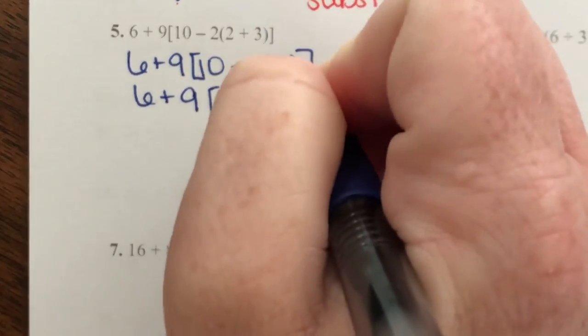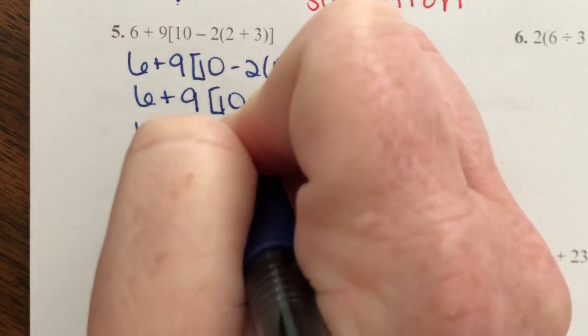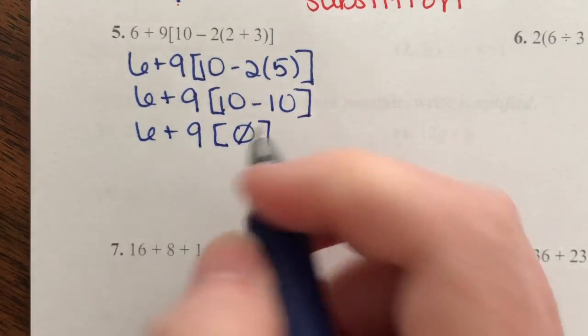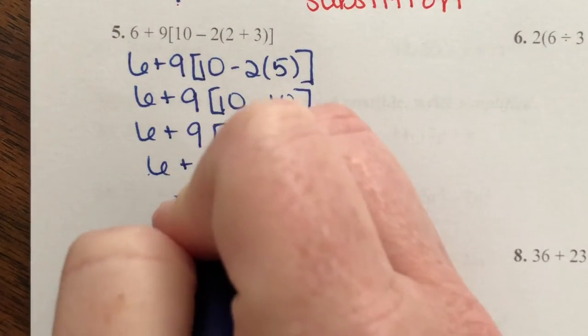So 6 plus 9, 10 minus 10. Next, I'm going to simplify. 6 plus 9, 10 minus 10 is 0. And then I'm going to multiply 9 times 0, and I get 0. And then I'm going to add 6 plus 0, and I get 6.